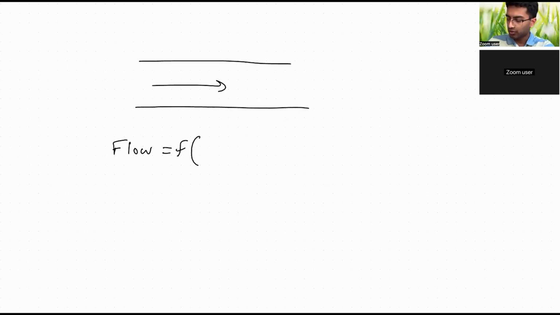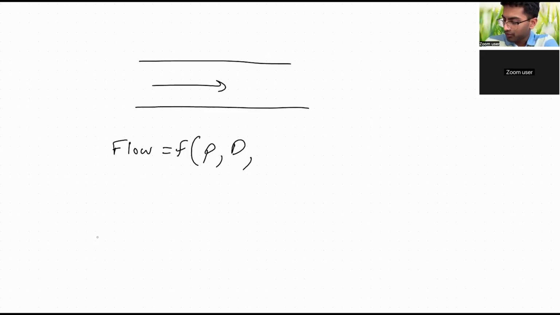Well, it could be a function of the density, right? Water is going to flow very differently than air because water is more dense. Obviously, the pipe diameter is going to be a big deal, like how big the pipe is.